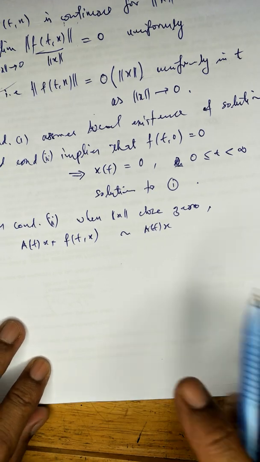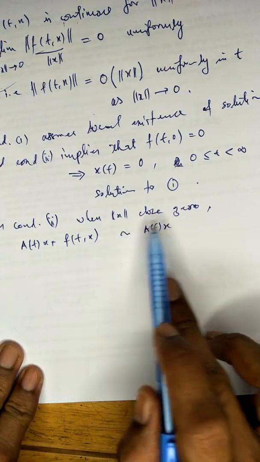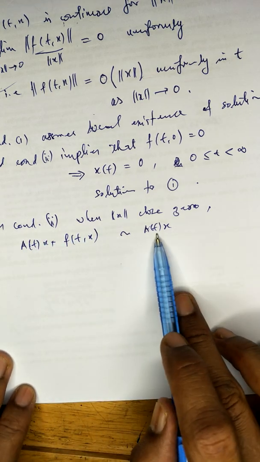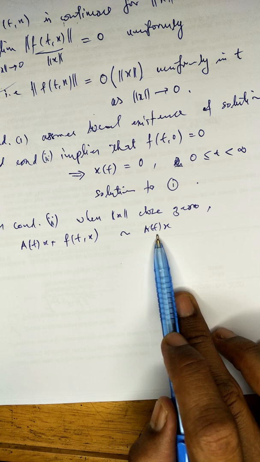When the norm of x is close to 0, the nonlinear system will look like the linear system.